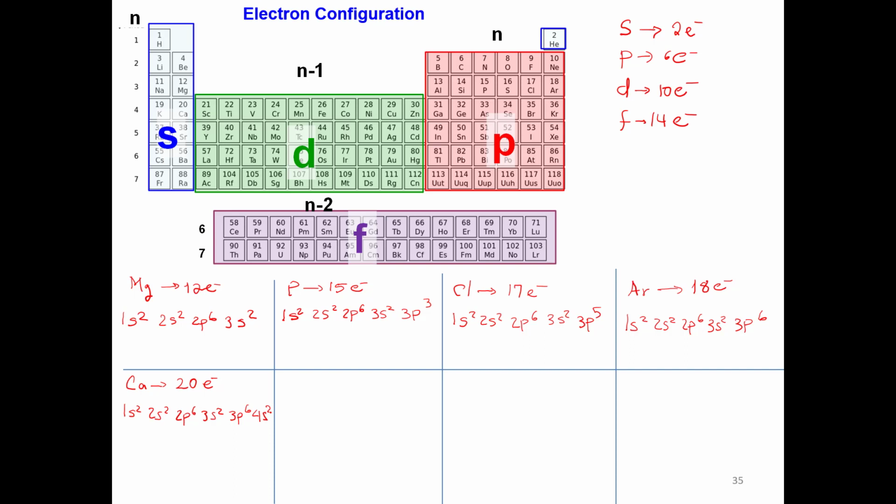And if you add the electrons, the number of electrons must be 20 electrons, and it's 20. Then this is the electron configuration for calcium.